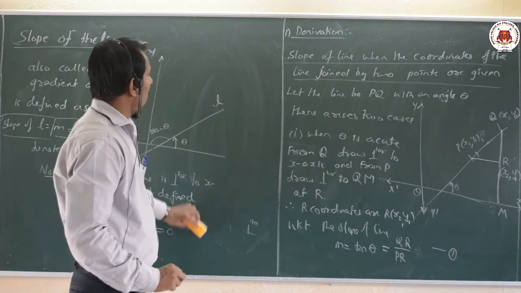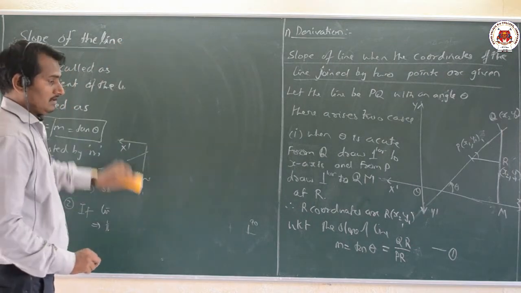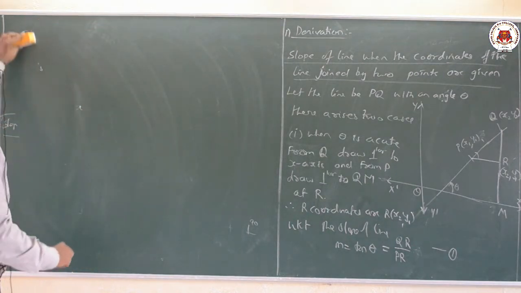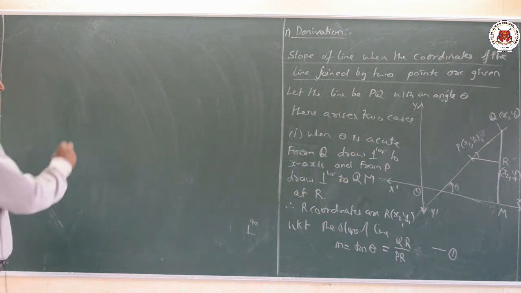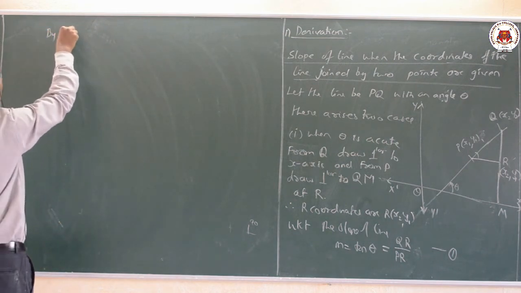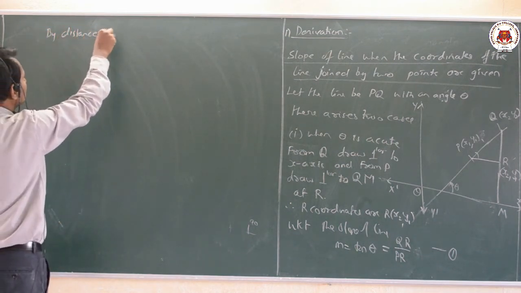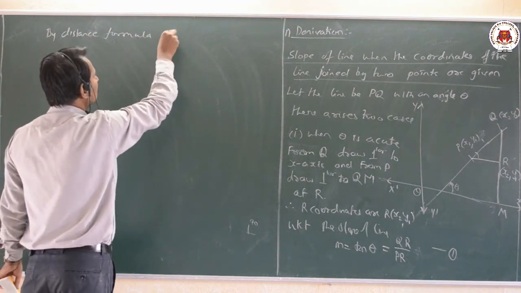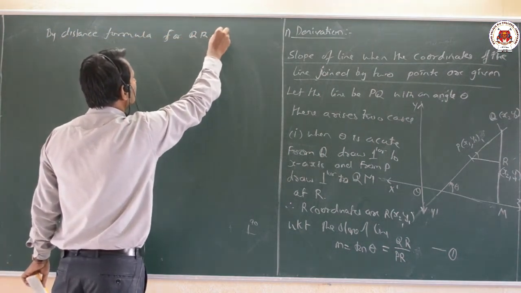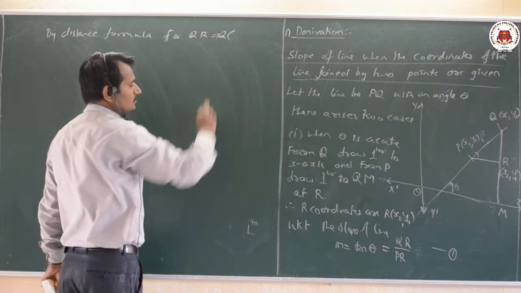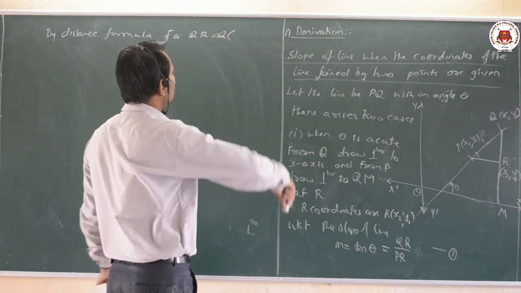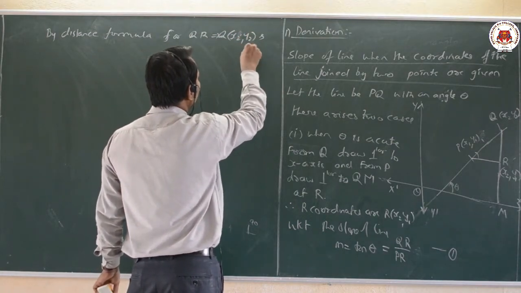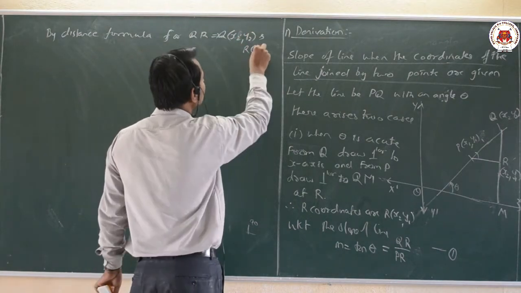Now dear students, according to the distance formula, what will be our QR value? That is very important, and we require it to solve here. By the distance formula for QR, the Q coordinates are x2, y2, and the R coordinates are x2, y1.